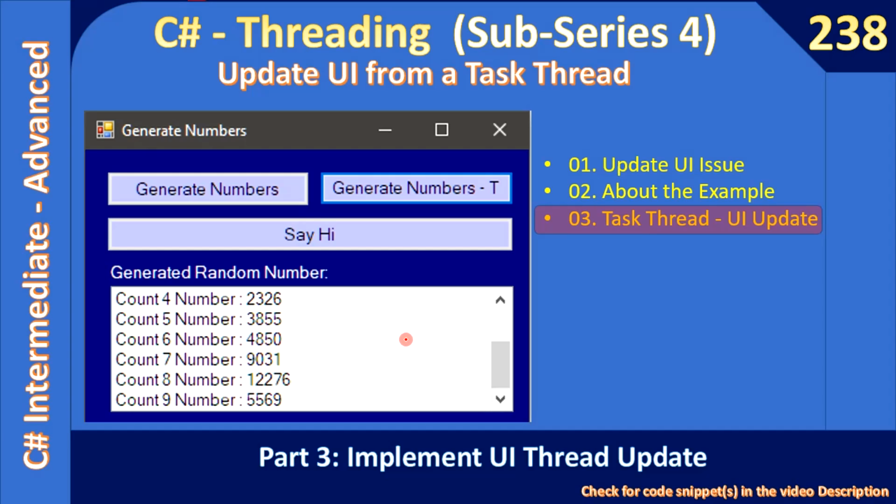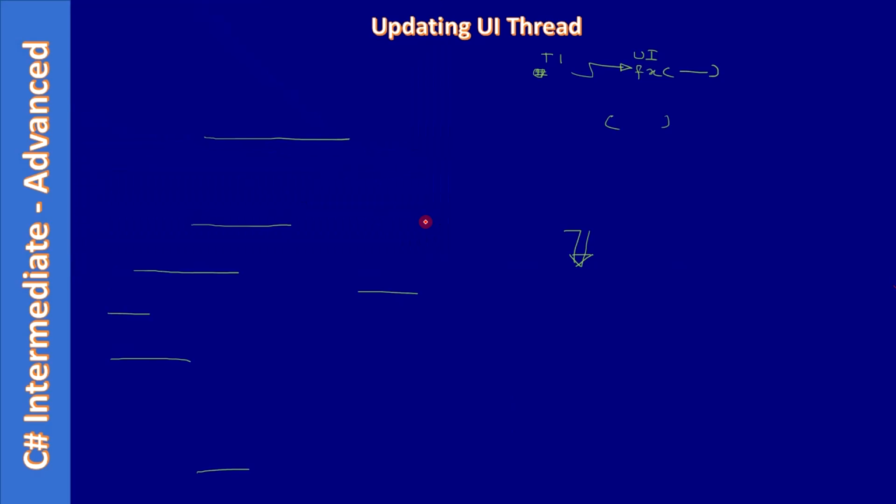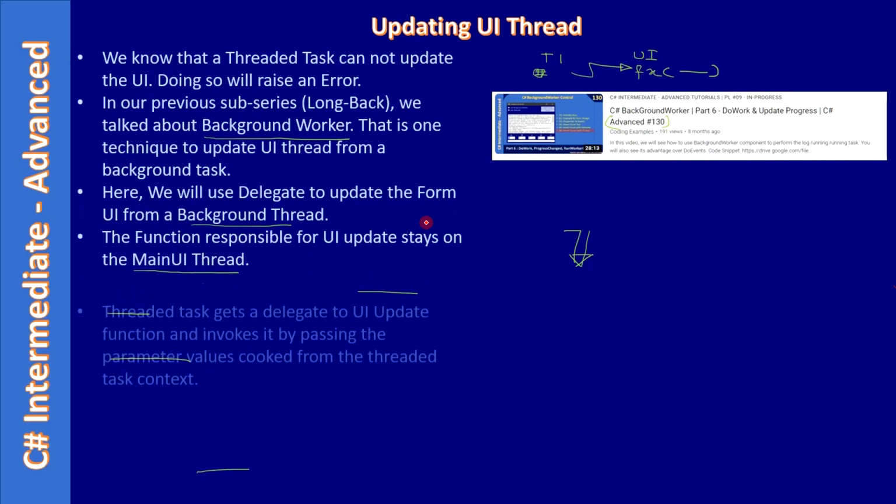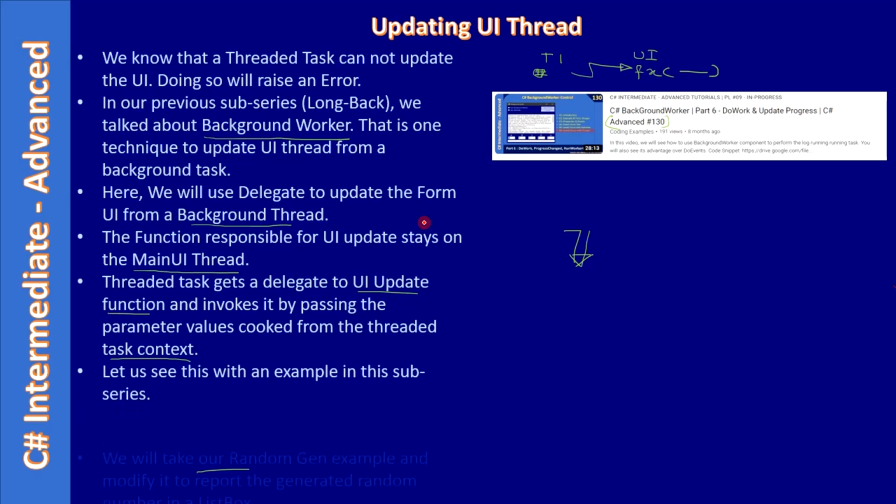In this video we will implement UI thread update from a background thread. So these are all the slide decks from previous two parts.